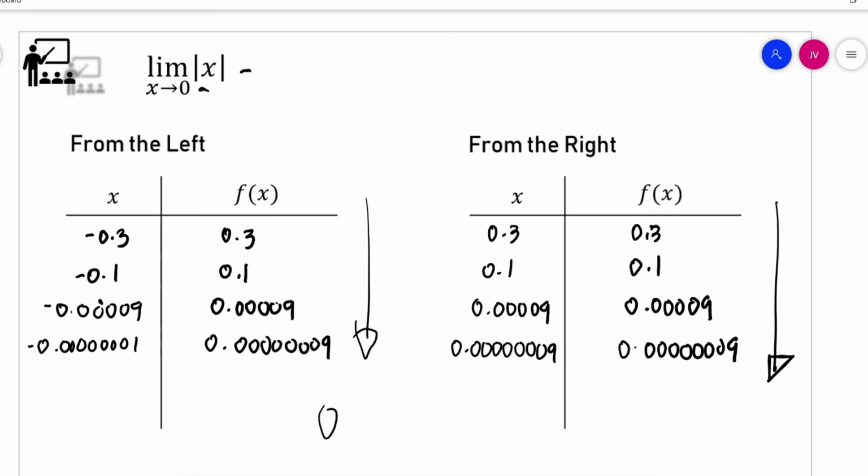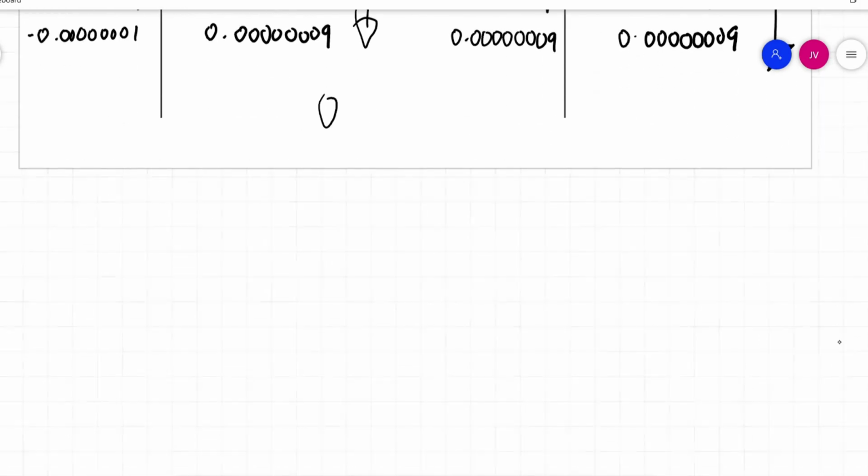So, ibig sabihin lang nito, the limit of the absolute value of x as x approaches 0 is equal to 0. So that is for the absolute value of x.